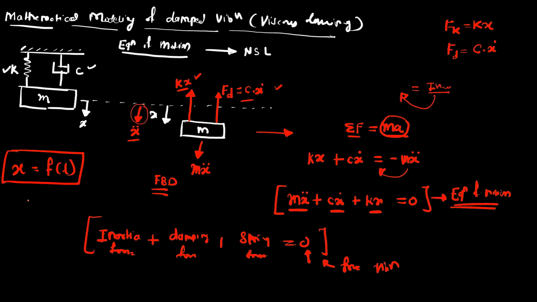From this equation, we can plot the waveform for the displacement of the mass. That waveform may be like this, which is called a damped vibration. So we have to find the exact relation for such a waveform. That relation will be x as a function of time, so we have to find this right hand side.